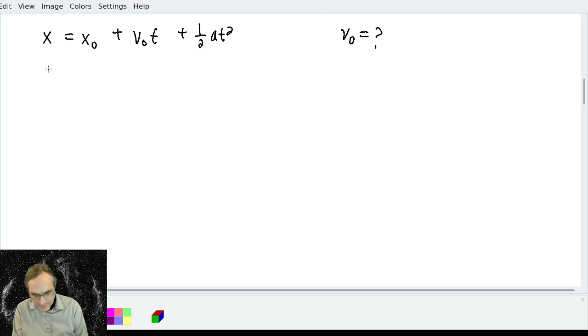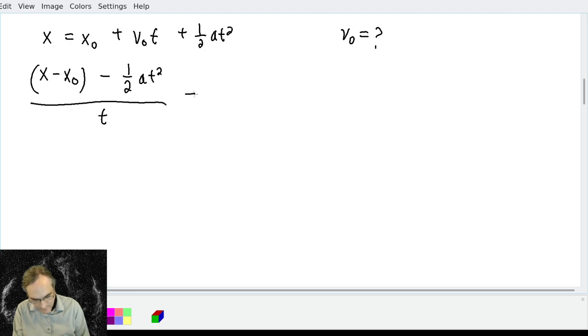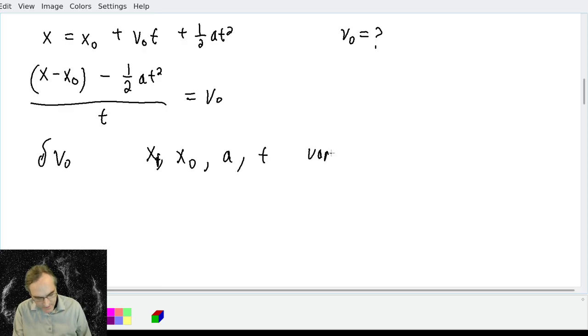So I'm going to solve this for v naught. Now, we can actually find the uncertainty in our v naught, where we have x, the final position, x naught, the initial position, the acceleration and the time, all as variables.